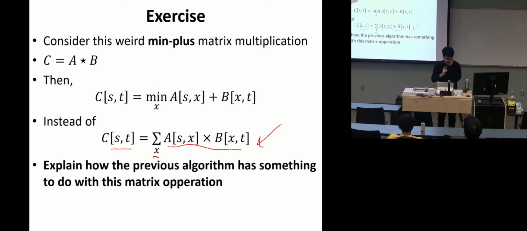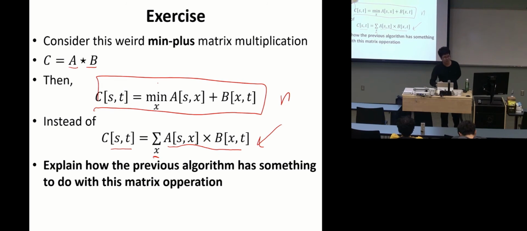And you know that given a matrix of size n by n, if you want to multiply under a min-plus product like this, the running time is n cubed if you do it trivially. You can compute each entry in n time, and there are n squared entries, so n cubed time.